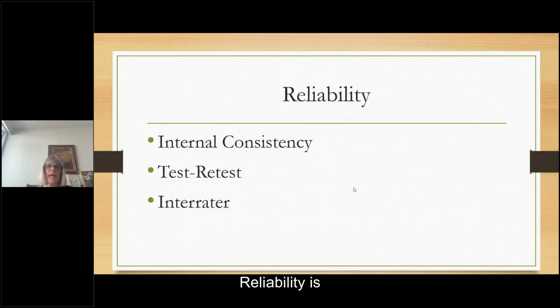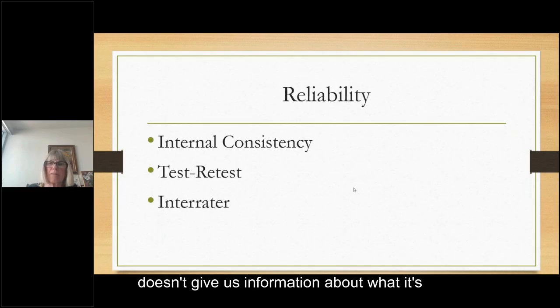Okay, reliability is information about how stable or consistent a score is in measuring whatever it is measuring. It doesn't give us information about what it's measuring, but it gives us information about the stability and the consistency with which it measures.